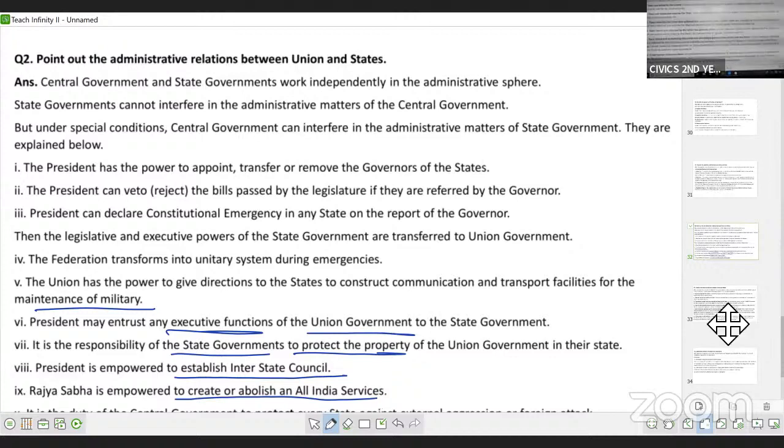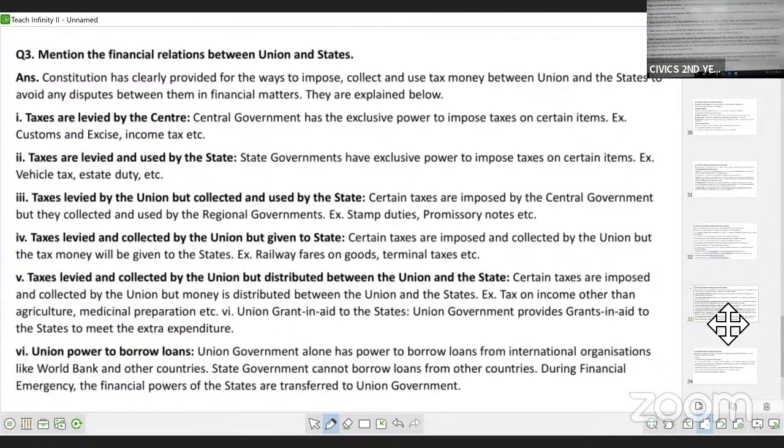Okay. Next is financial relations between union and the state. What are the financial relations between union and the state? We know we pay taxes to the government, and the tax money is used by the government for our welfare.